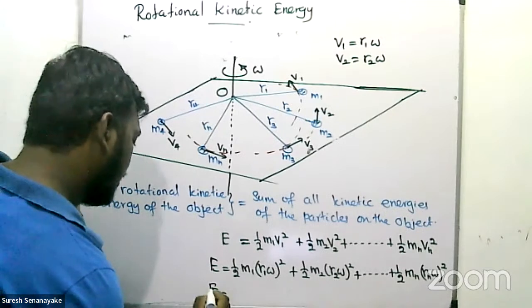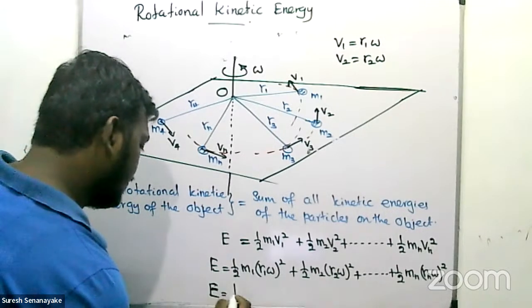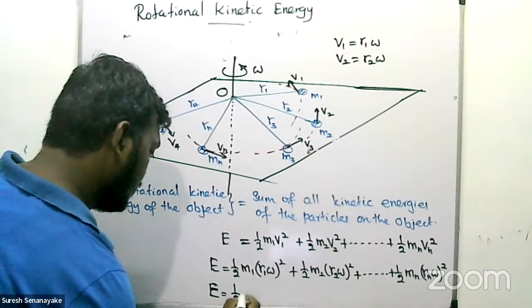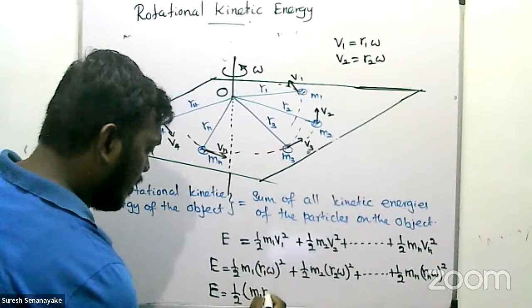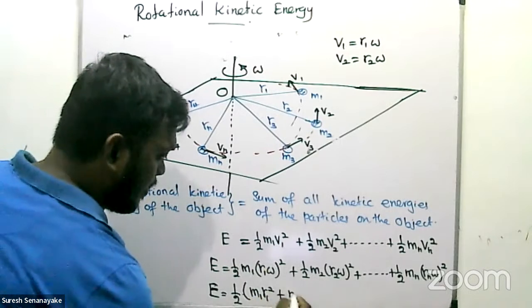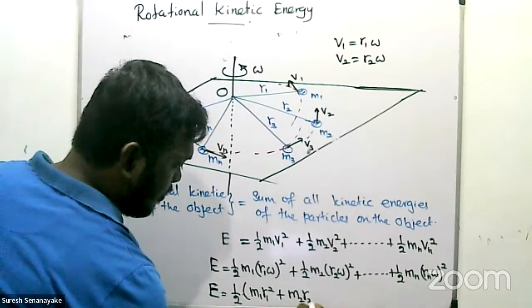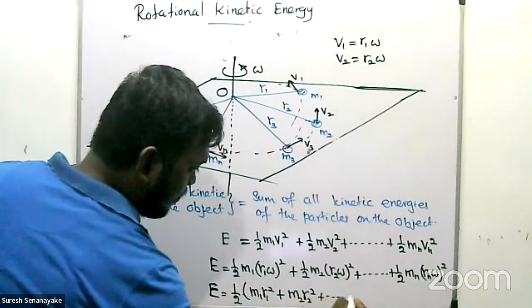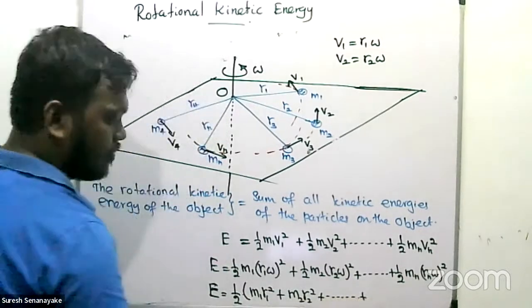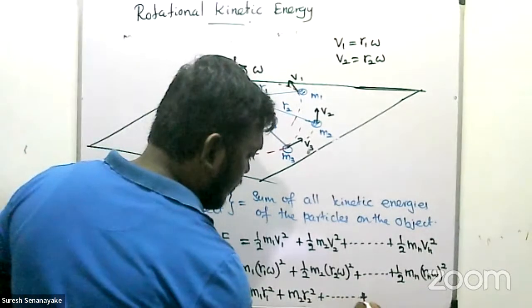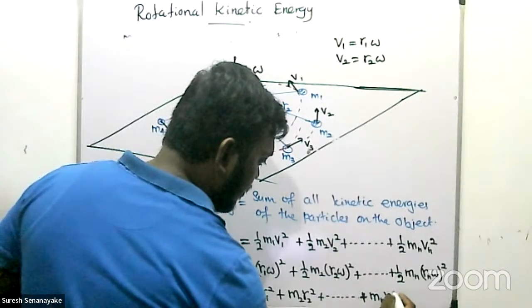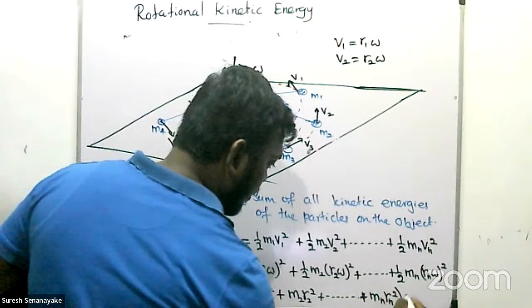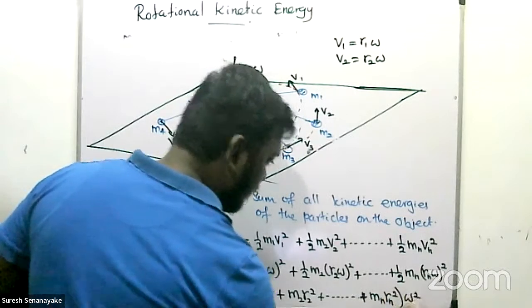You can write then: take half out and omega square out, and what remains is m1 r1 square plus m2 r2 square plus, for the final term, mn rn square.